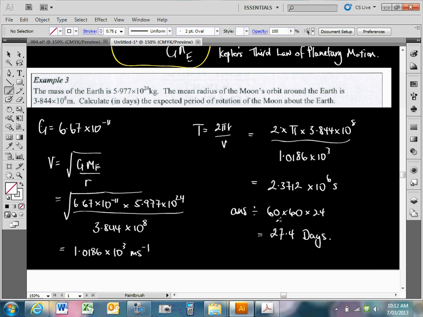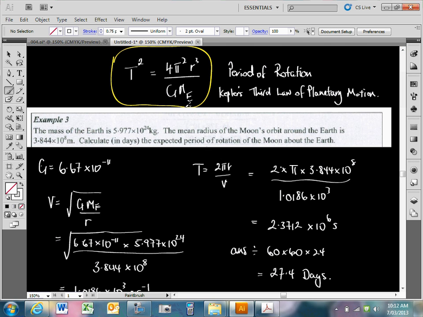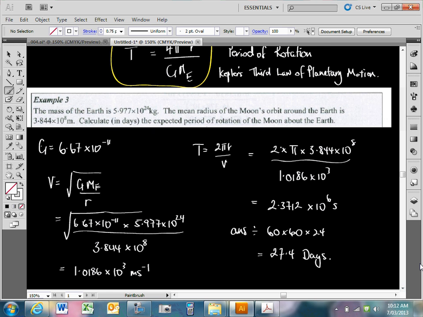I hope you got that. Both of these work. This and Kepler's third law of planetary motion work the same. You should get exactly the same number. That's that problem there.